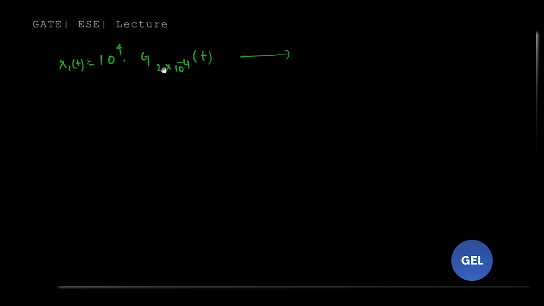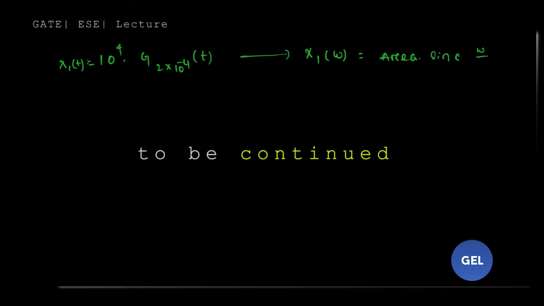What is the Fourier transform of x1 of t? That will be X1 of omega, which will be given as the area into sinc of width by 2 into omega. This is the width, sir. Absolutely correct. Now 10 to the power 4, look here carefully.